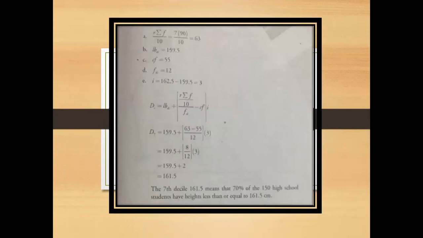Kapag nakuha na natin ang ating A, B, C, D, at E, pwede na tayong mag-substitute. So, 159.5 plus 63 minus 55 over 12 times 3. So, 63 minus 55 is 8 divided by 12 times 3 is 2. And then 2 plus 159.5 is 161.5.